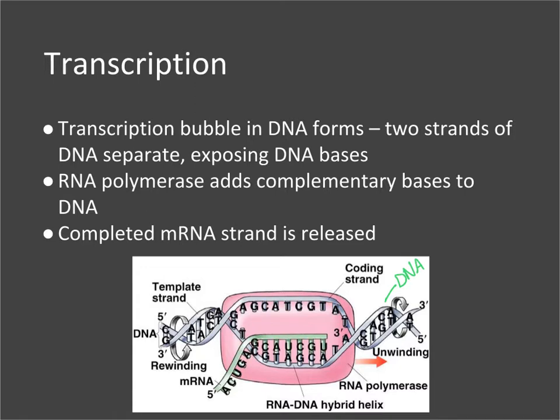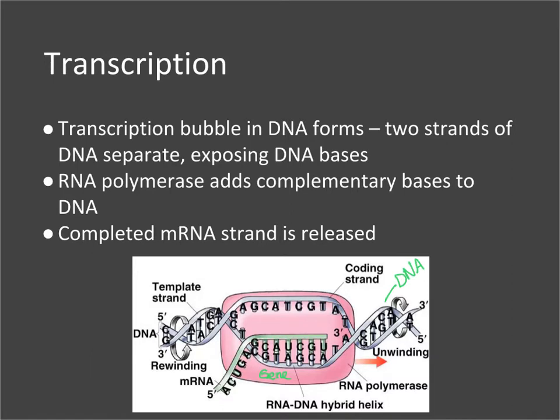So we're really just exposing the gene that we want to transcribe. And we call this the transcription bubble because it's only this area that's going to be transcribed into RNA. So the two strands of DNA separate and the DNA bases become exposed. Now only one strand is going to get transcribed into forming this mRNA molecule.